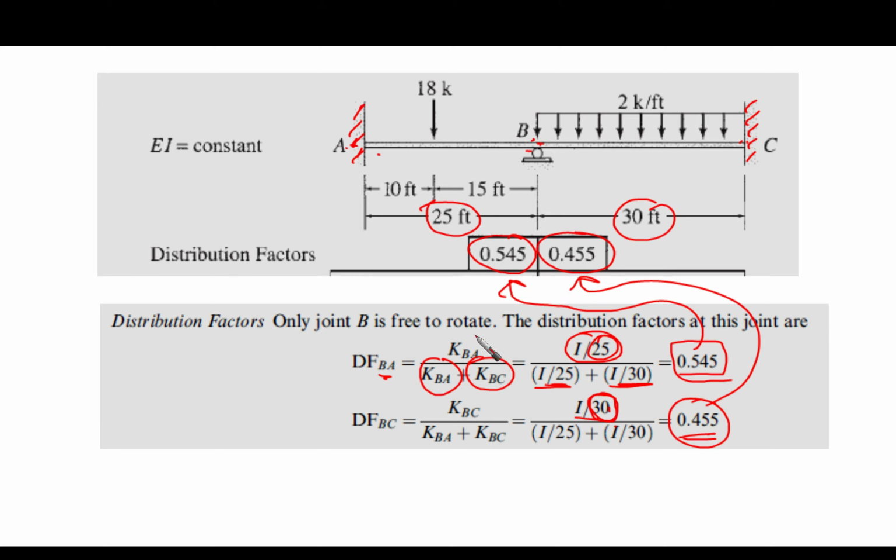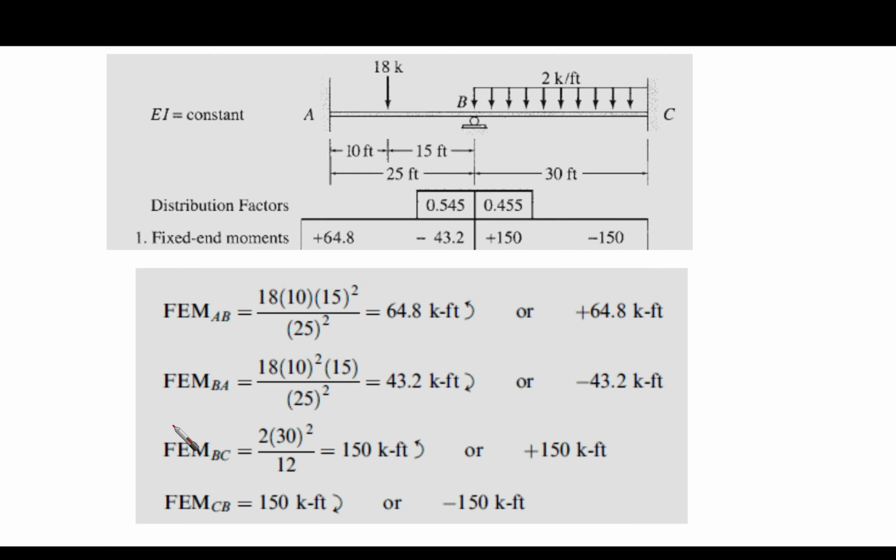Okay, now let's go to the next step. This is the first step for us, the distribution factors. The next step is what? Exactly, the fixed end moments. We want to calculate the fixed end moments. At point B, we need to know what fixed end moments are going to be developed.